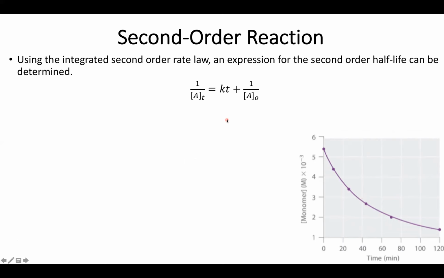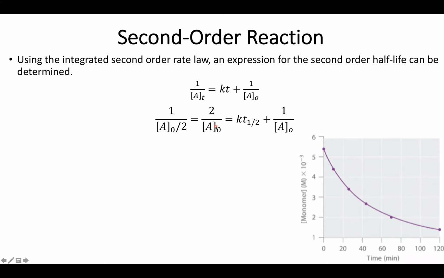So again, just like before, we can try and determine the half-life of the reaction by substituting the time for the half-life, and the final concentration is just half of the initial concentration. What's a little bit interesting in this case is if I plug in the initial concentration over 2, that's the same as in this case having 2 over the initial concentration, again, due to the concentration being in the denominator.